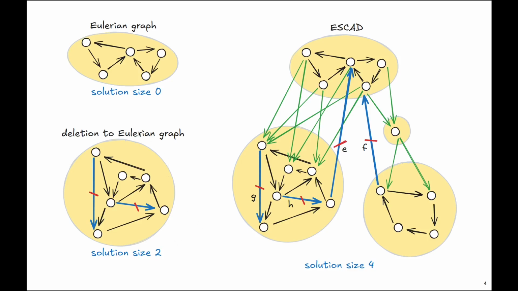So in this case, we would have a solution of size 2. But in the more general case, what could happen is that you remove a few edges, and those disconnect the graph into several strongly connected components, and then in each component you could try to find the edges that make it balanced. So we basically have two different types of edges in this case, E and F that disconnect them and G and H that make them balanced.